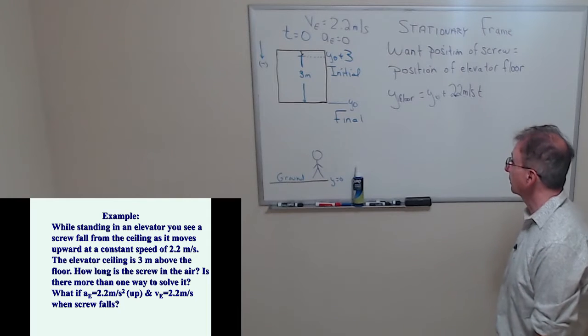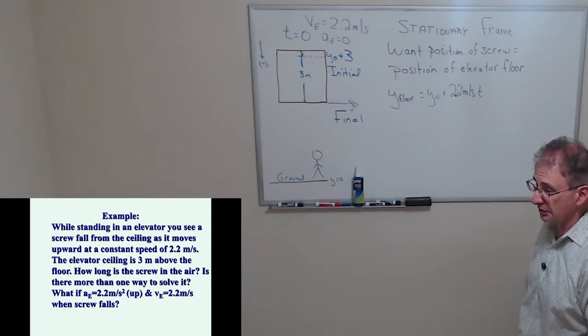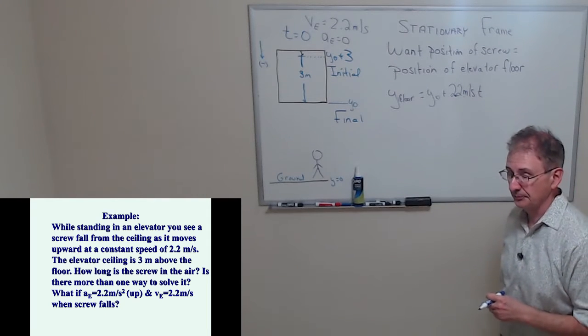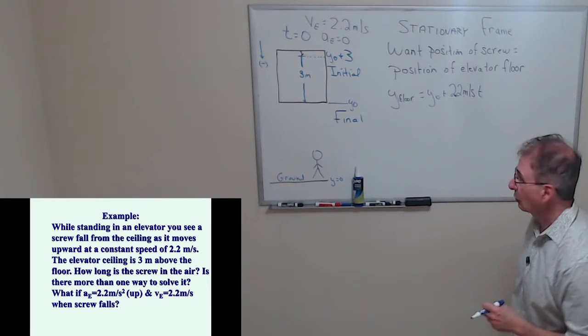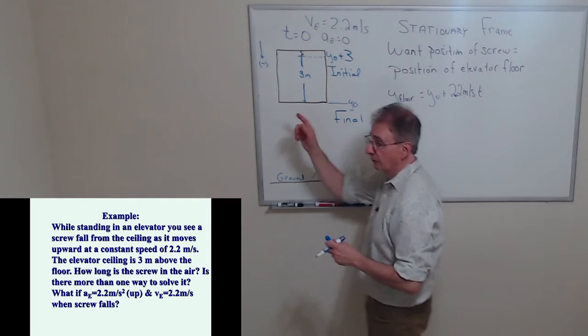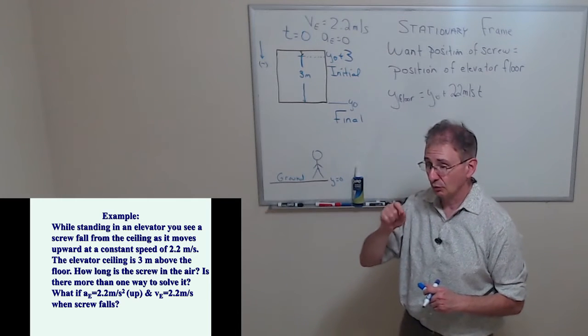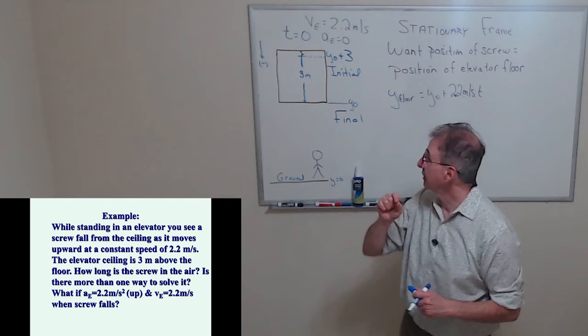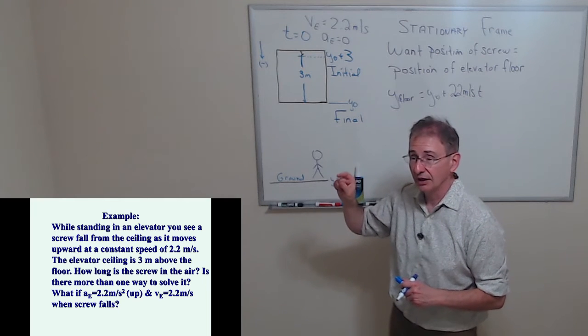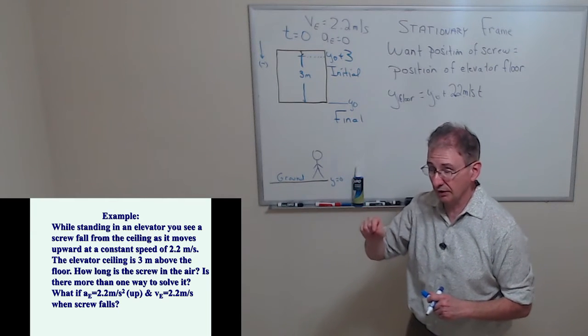Now, what about the equation for the position of the screw? The screw comes off while the elevator is moving up. That means when the screw came off the elevator ceiling, it was moving at the same speed as the elevator.